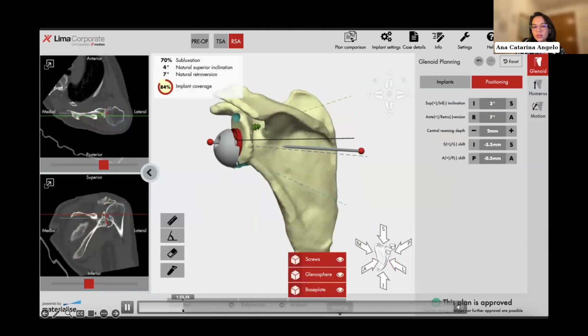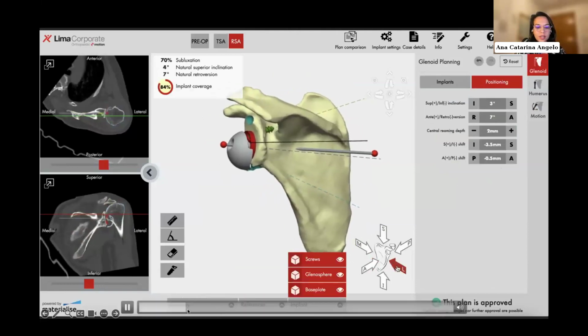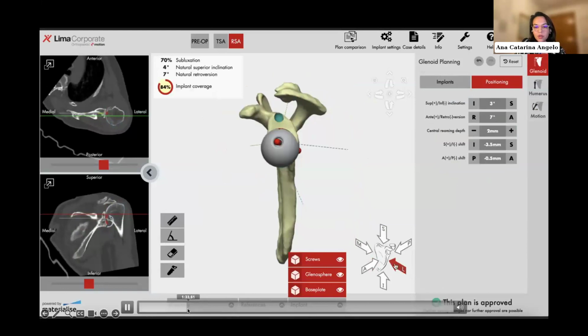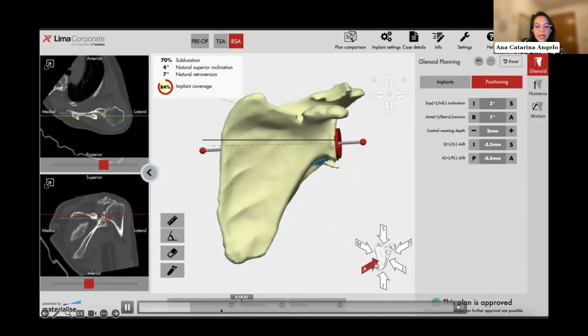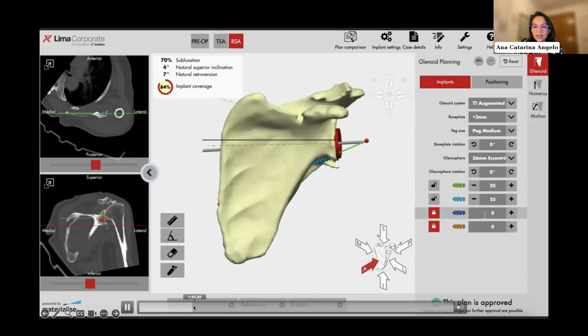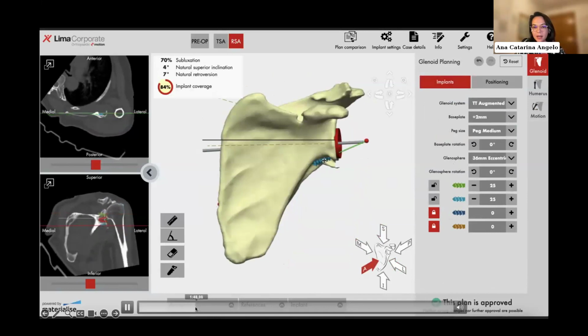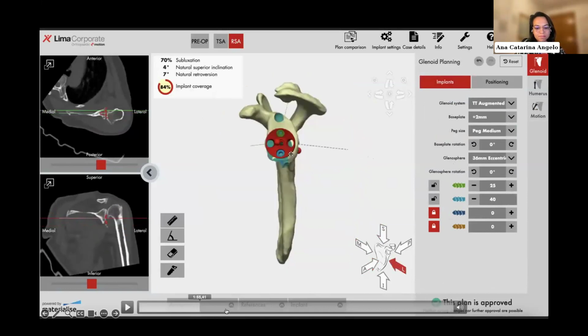And you can choose what implants suit you better. You can try to place your screws in the best position possible. You can see how the shoulder will behave if you place your base plate a little bit more inferiorly or a little bit more superiorly, and how this influences the direction that you can give to your screws after positioning your base plate in that specific place.